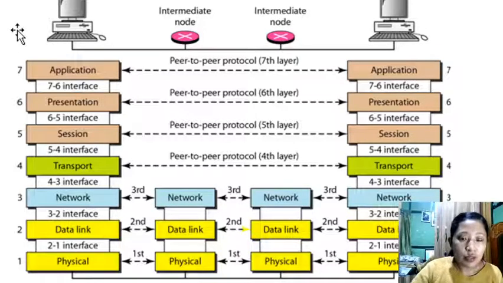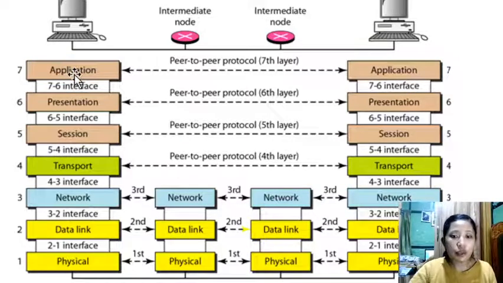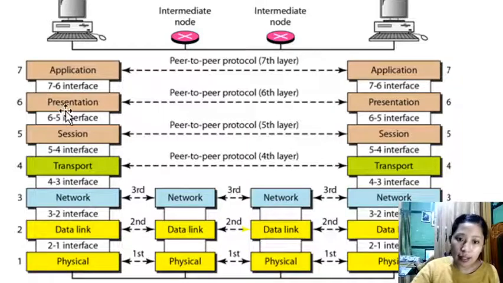That message first of all will be given to the application layer, which is going to do some processing in the message, and which will be forwarded to the next layer, presentation. From presentation the message will go to session, then it will go to transport, then it will go to network, then data link, then physical, and finally the message will be put on the network or the transmission media, and the network is going to carry the message, and in between if there is some intermediate device, then again the message will go up.